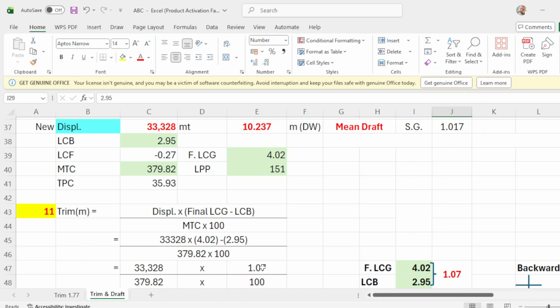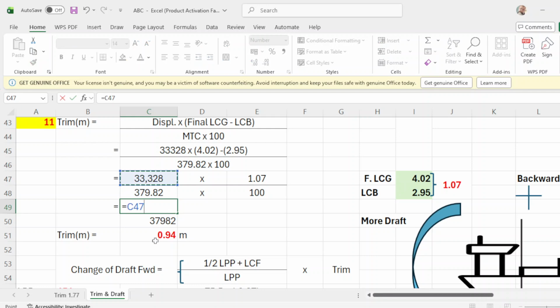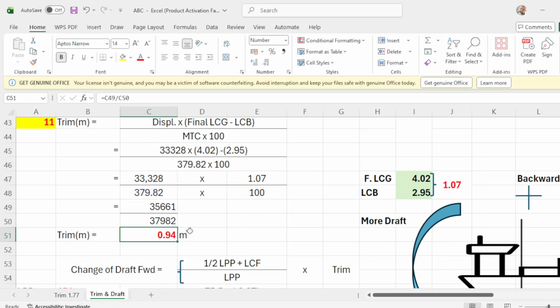Once you have already this value multiplied with your displacement, and your MTC times 100, that will be this value. So this one, you put equals displacement times 1.07 equals the value, and your MTC put equals your MTC times 100, that will be this one.